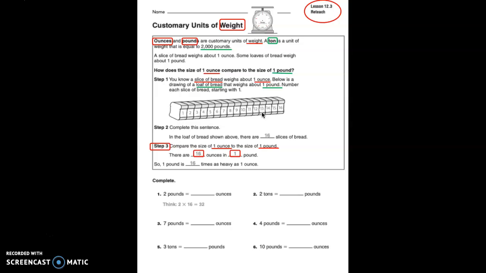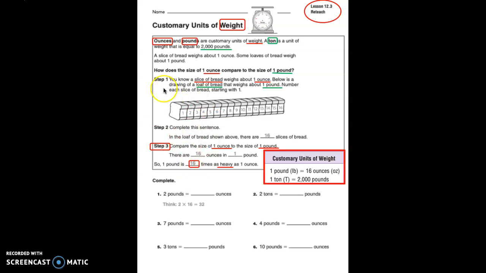There are 16 ounces in 1 pound. So remember, each slice is 1 ounce, and we have 16 of them. So there are 16 ounces, and we know the entire loaf of bread weighs about 1 pound. So 1 pound is 16 times as heavy as 1 ounce.